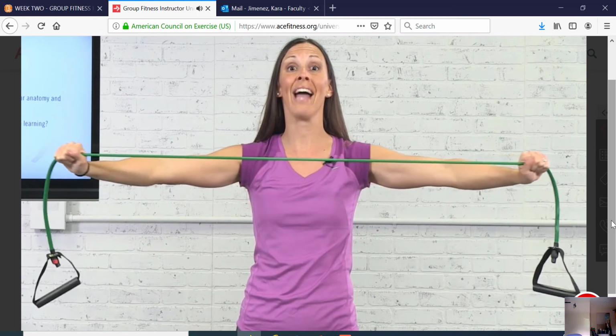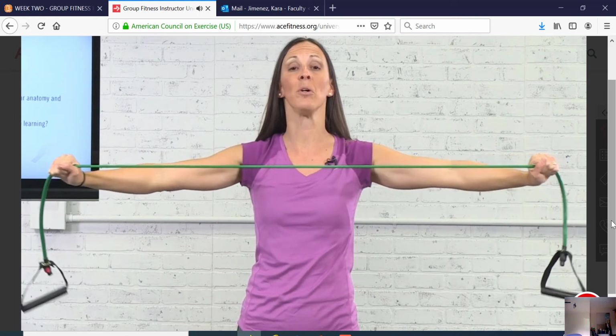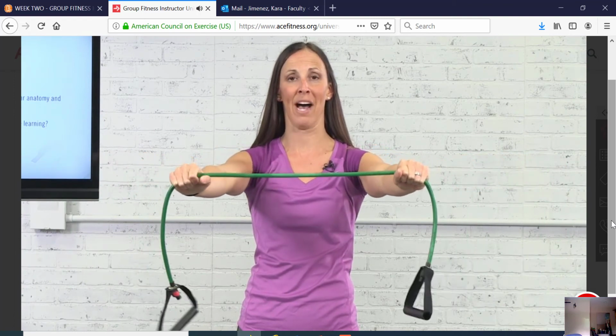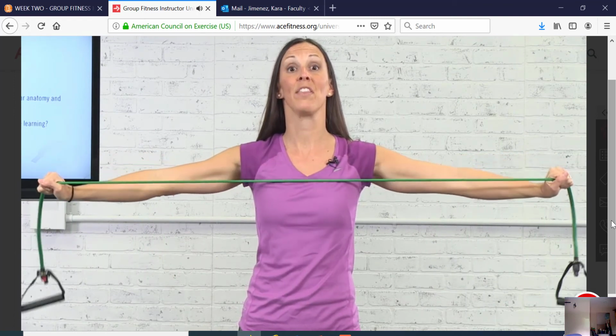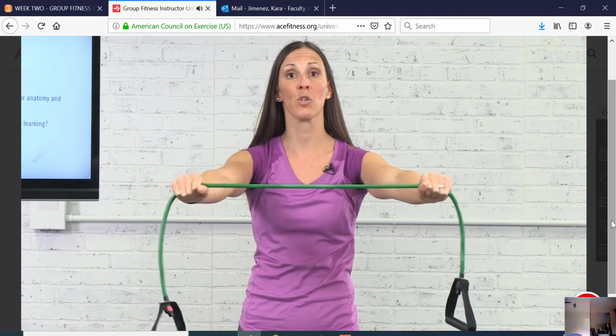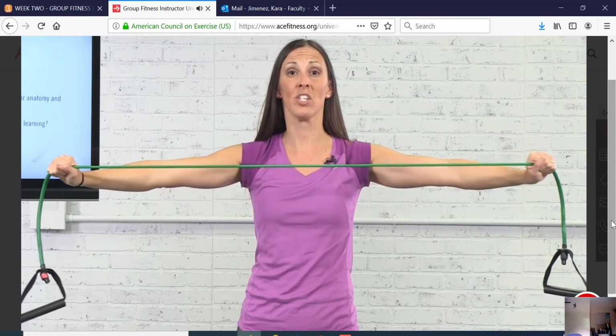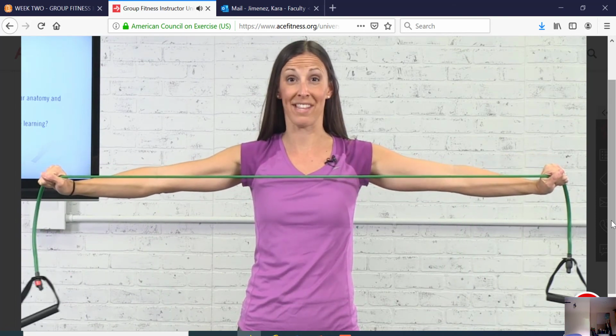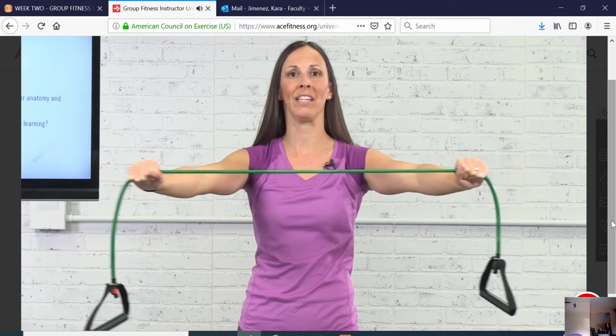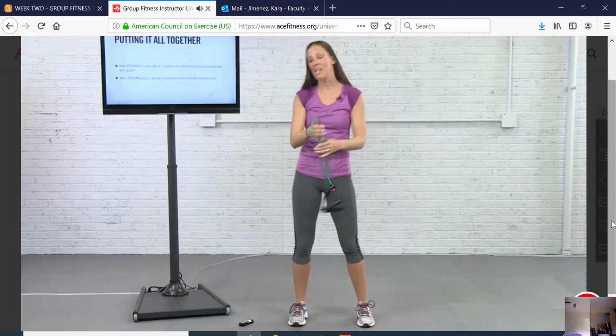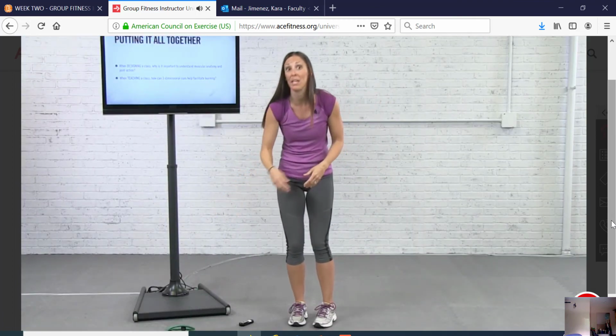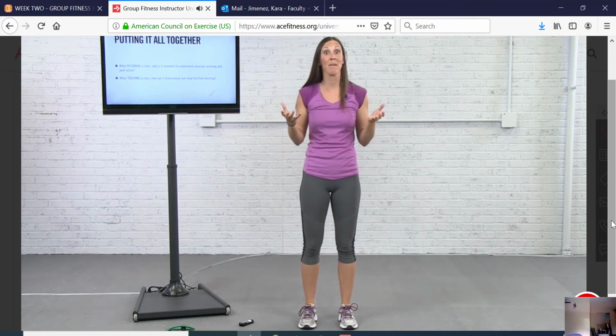Your rhomboids are active when your scapula is pulling towards the midline of the body. Think about holding a pencil right between your shoulder blades. Pinch the pencil, hold it there, and slowly release. Cues like that will not only help educate the participants on their anatomy, but also sensations on how it should feel.